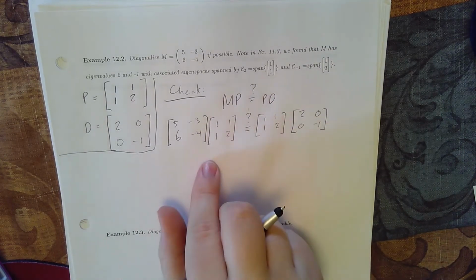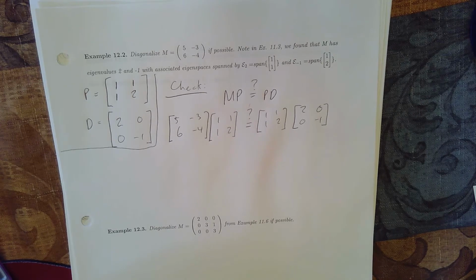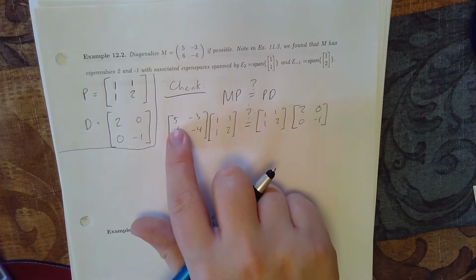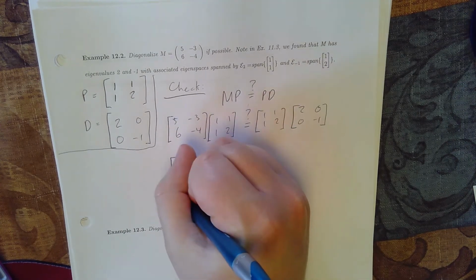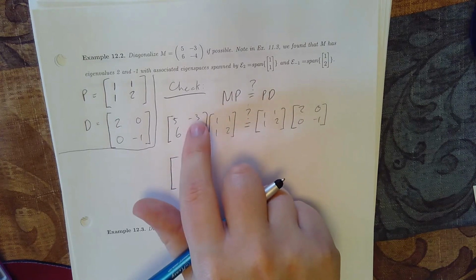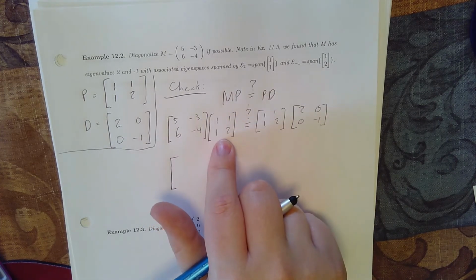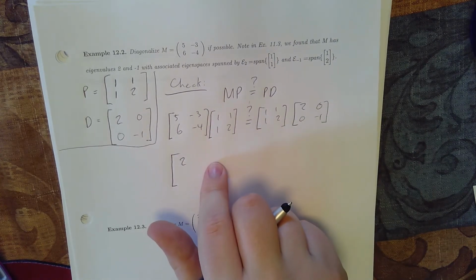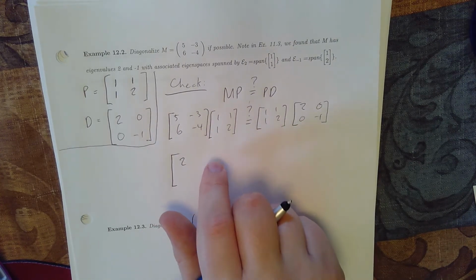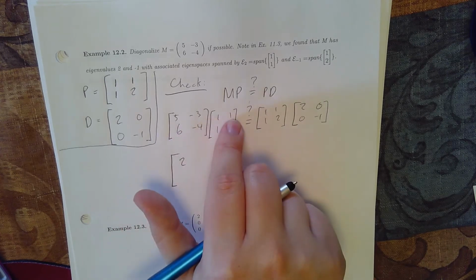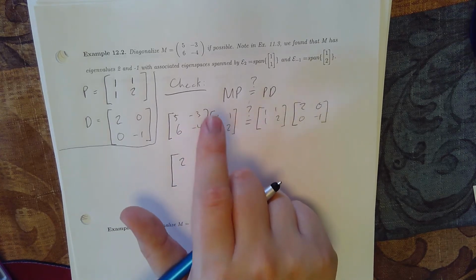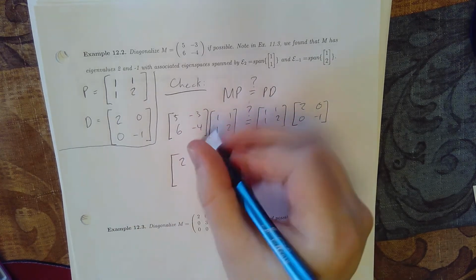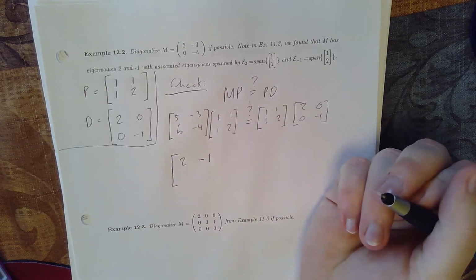So if we go ahead and make this calculation, what we should see is that for the first entry, 5 times 1 plus -3 times 1, so 5 minus 3 is 2. Next entry should be 5 times 1 minus 3 times 2, so it would be 5 minus 6, which is -1.